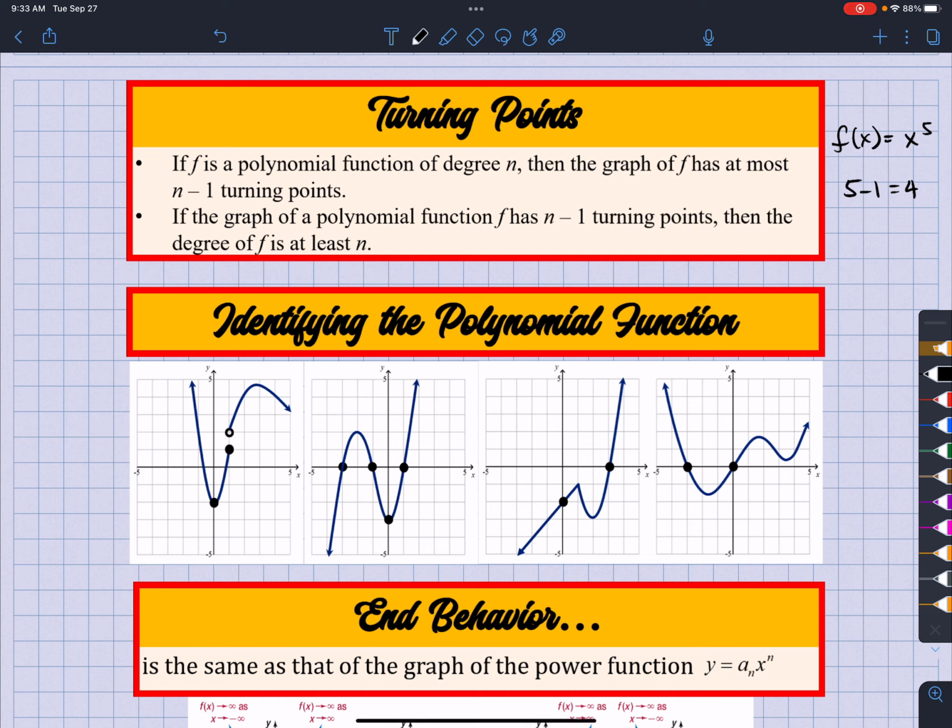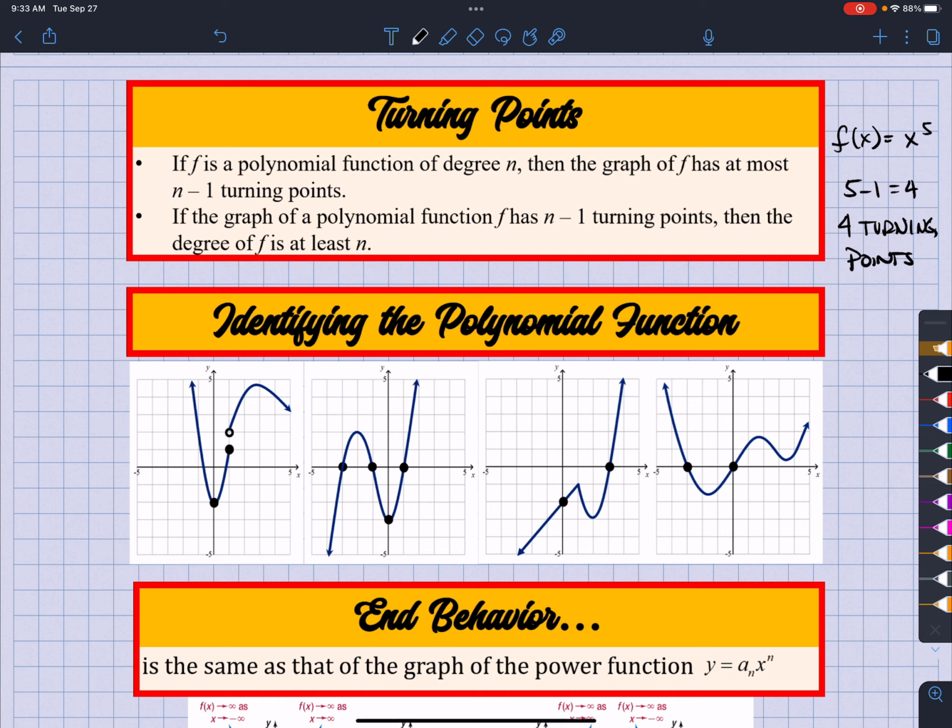So x to the 5th will have at most 4 turning points, so there should only be 4 turns altogether.